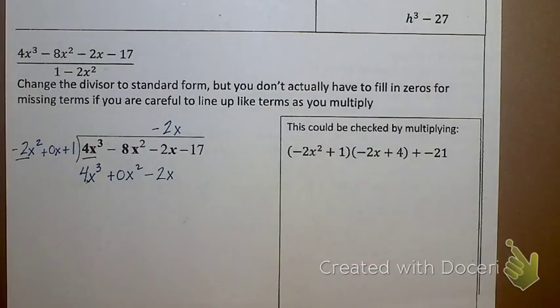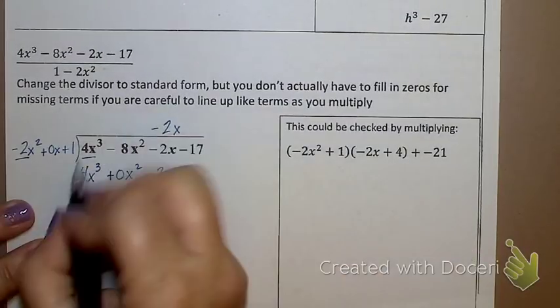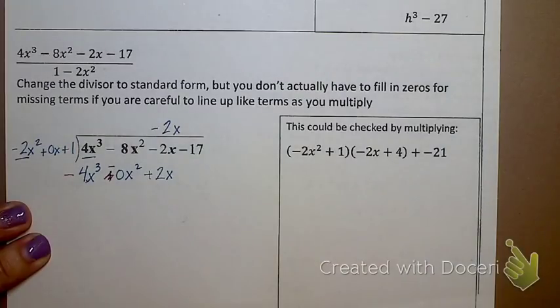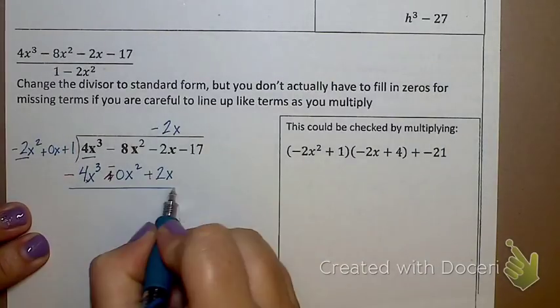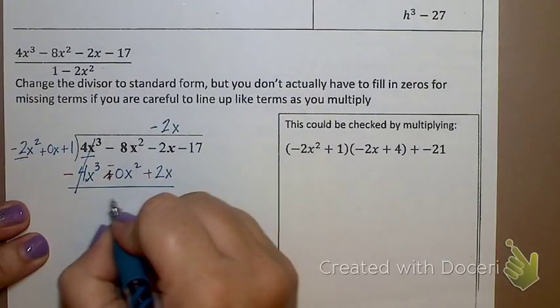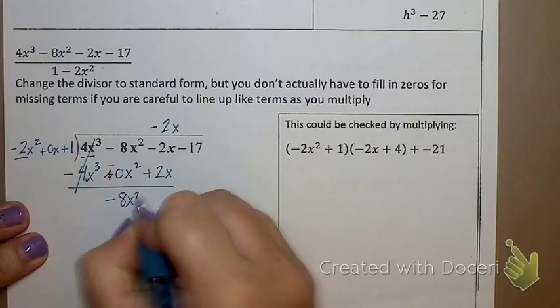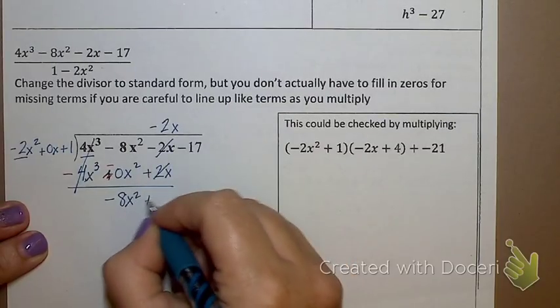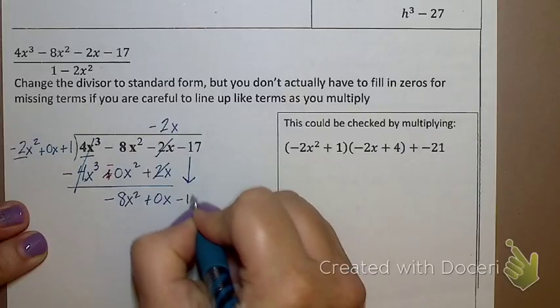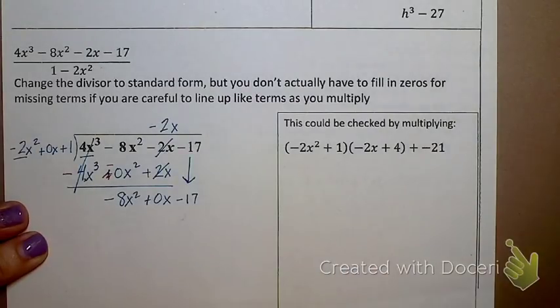What do I do? Change my signs. 0, it doesn't really matter if you change your signs, but just to remain consistent, you should. Negative 8x squared minus 0x squared is negative 8x squared. And those two cancel, so I have plus 0x. Bring down your negative 17 and move on to the next cycle.